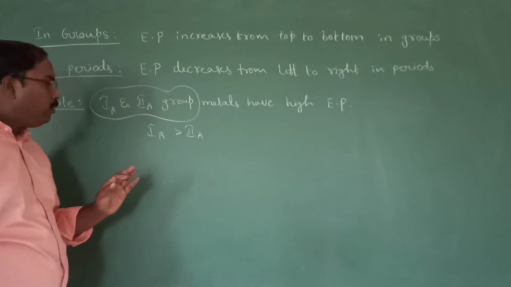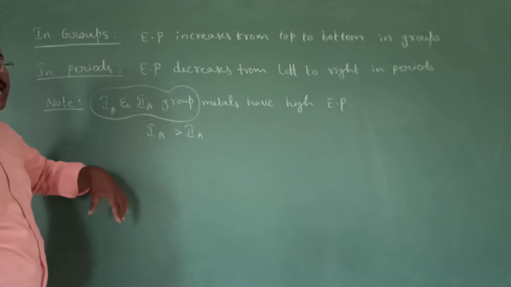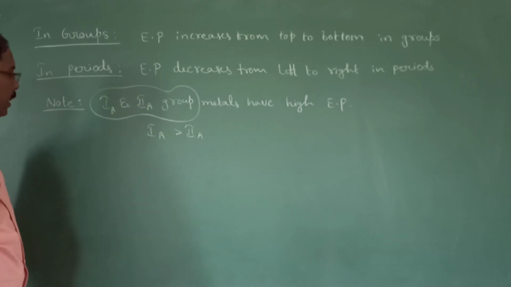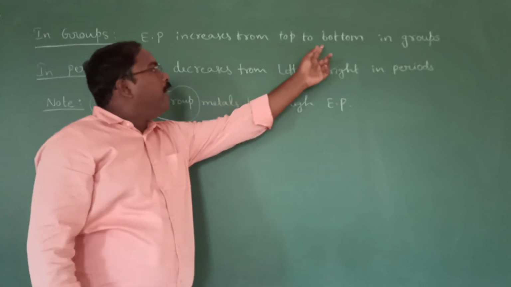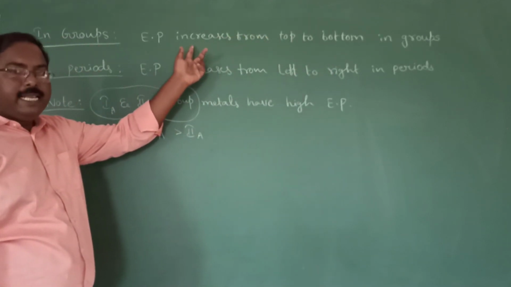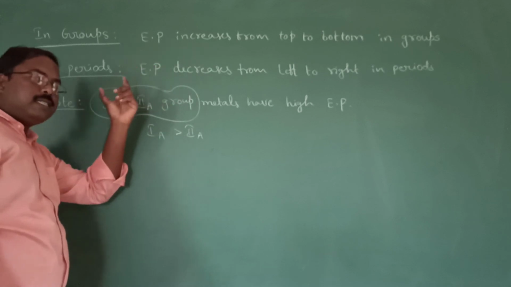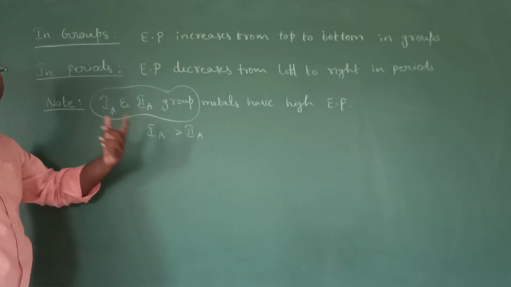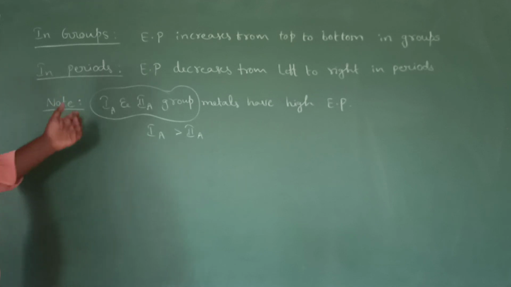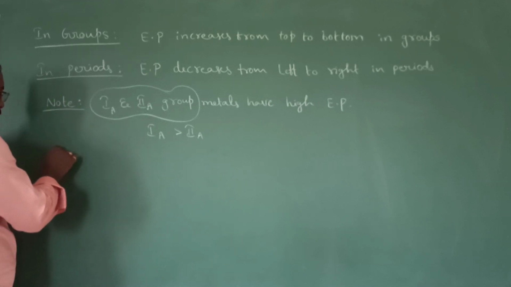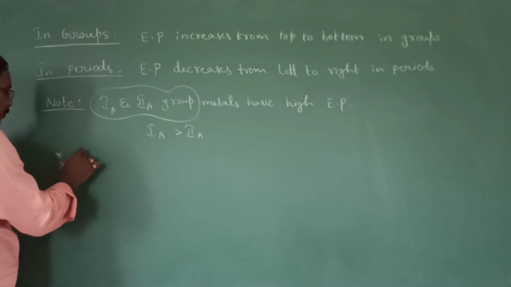Now which element is having highest electropositivity? Top to bottom in the group, electropositivity is increasing, so it is the bottom element, francium. But I told you francium is a radioactive element.